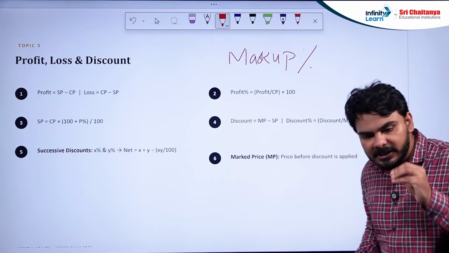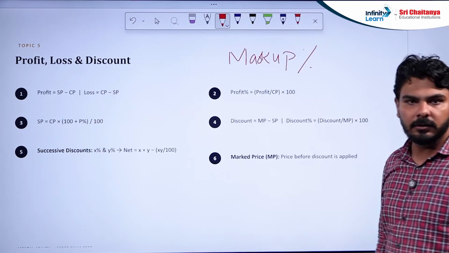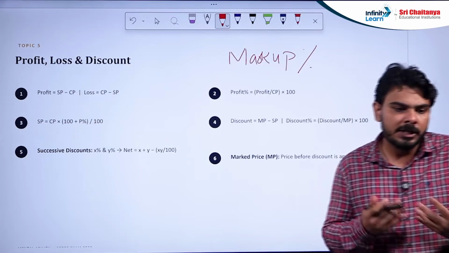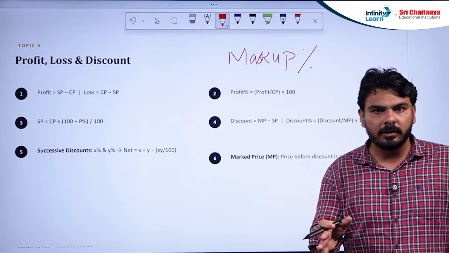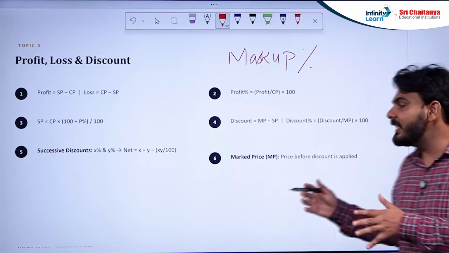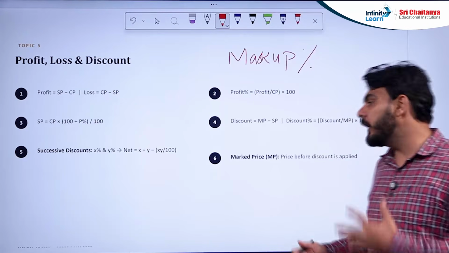The examiner can play with your mind just by giving questions related to markup percent. Then you will think, I have studied the whole chapter and never seen this term. So these are things which can trouble a lot of children. We will be studying about it in detail.